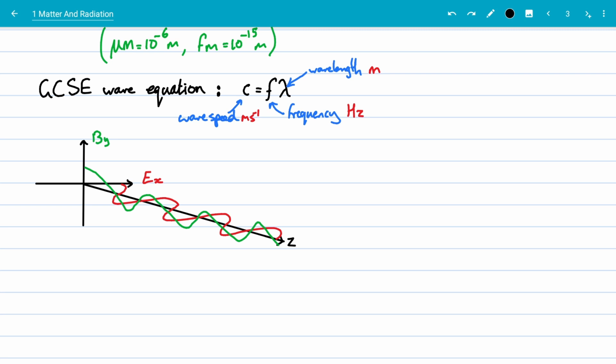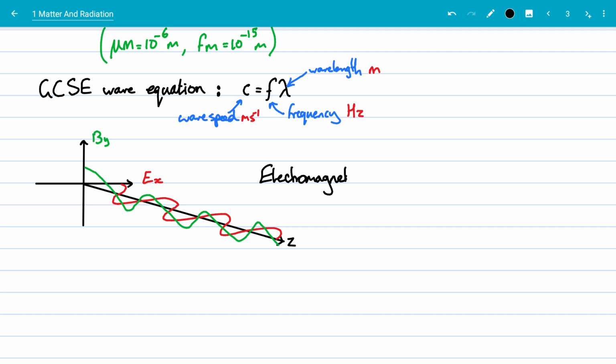What they do in the A-level textbook is they usually draw the magnetic field in a horizontal axis, which is what I've used for the electric field here, but they'll say positive is to the left, and it just looks like a mess. I mean, technically it's fine, but it looks like a bit of a mess. So that's what we think of as electromagnetic radiation.